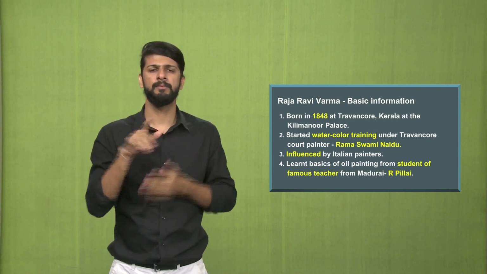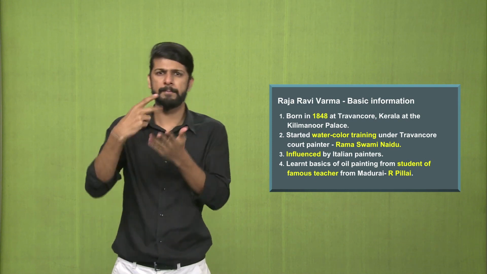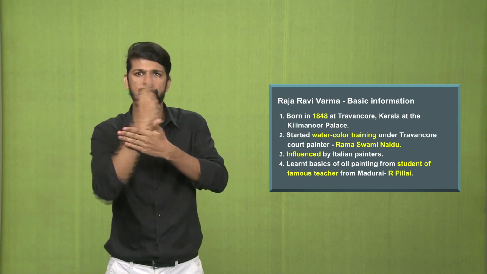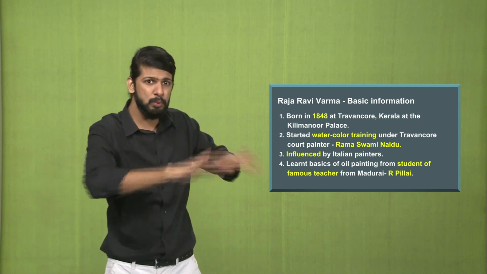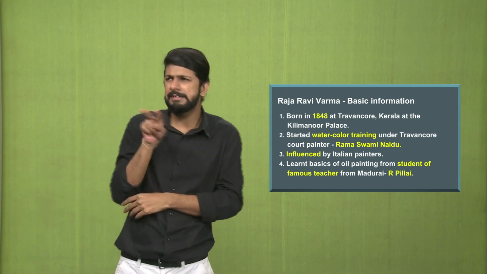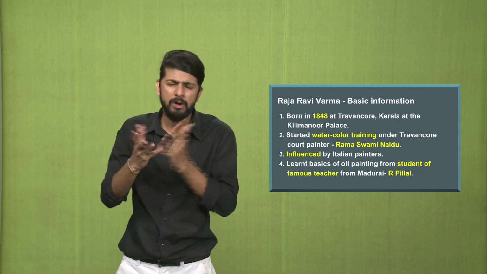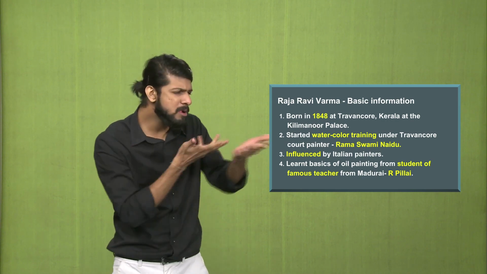Raja Ravi Varma learnt the basics of oil painting from R. Pillai, who was a famous teacher in Madurai. R. Pillai had many students. One of the students was who Raja Ravi Varma connected with and learnt the basics of oil painting from.